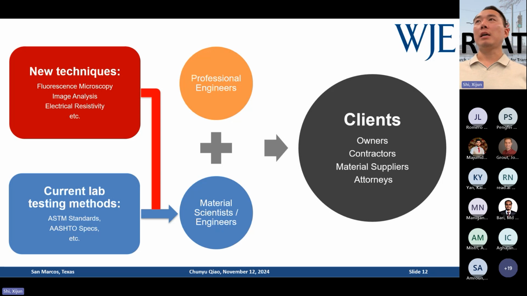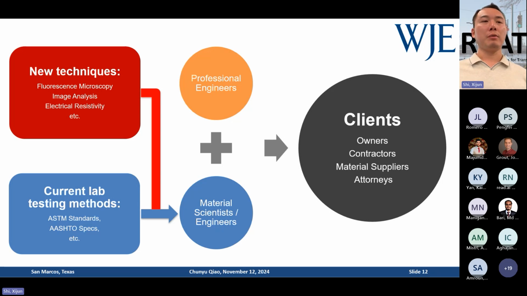New technologies emerge in the lab, so we can try to incorporate some new techniques with current standards or standard testing tools to better understand or better document or describe the problems in the lab. Some techniques haven't been standardized, but have been used in the lab.